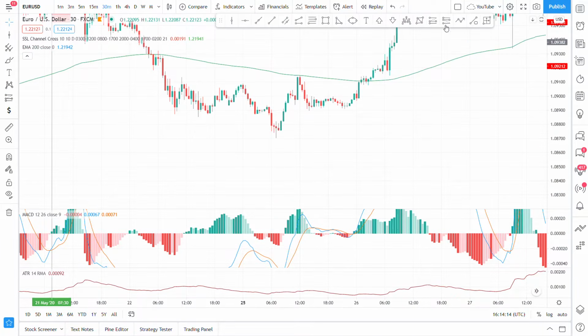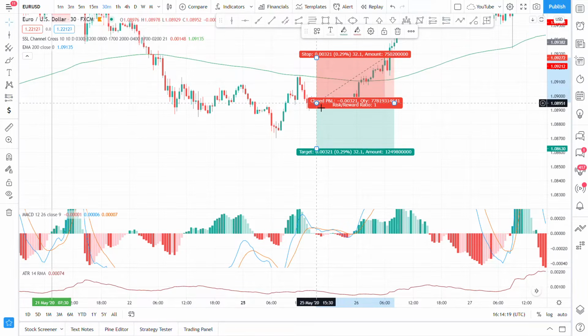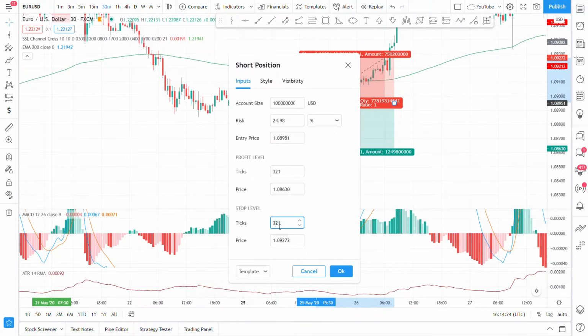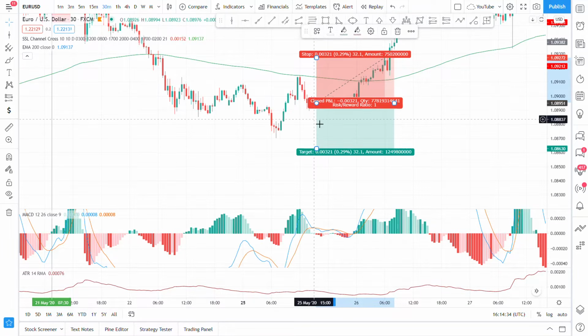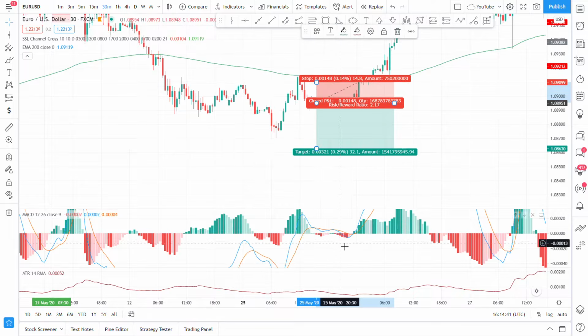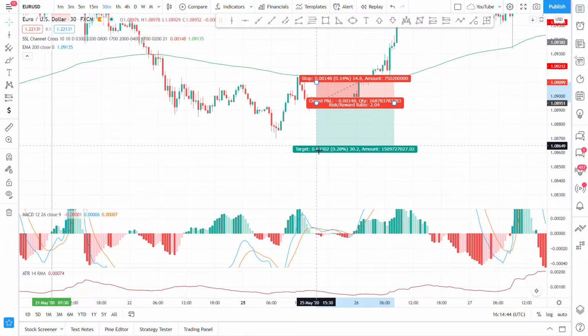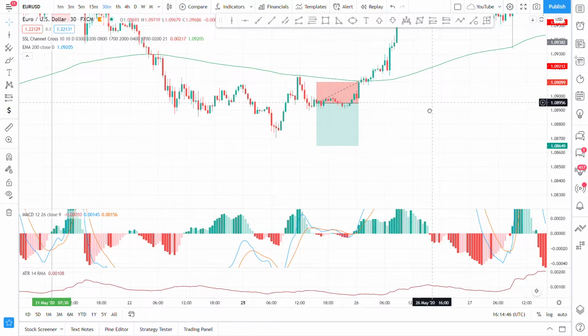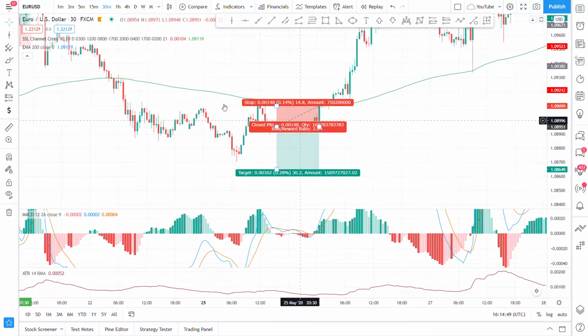So that's a short position. 2 times ATR will be 2 times 74, which is going to be, oh no, sorry, 148, yeah. Click OK, target 2 times the risk. As you can see, it's a losing trade.